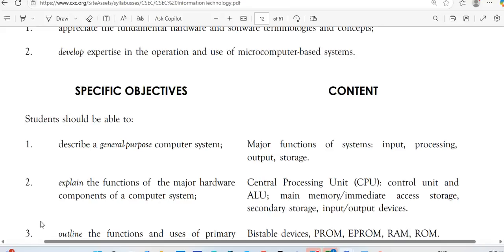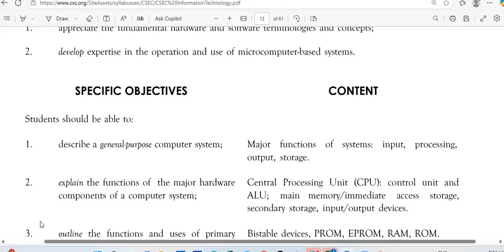If you're thinking keyboard, scanners, cameras, microphones, those are just examples of input devices that could be used to enter data into a computer system. The input function allows users to interact with the computer system and provide data for processing.